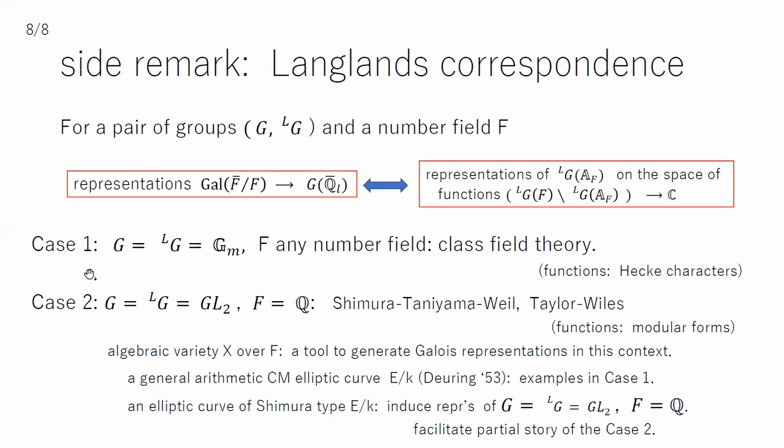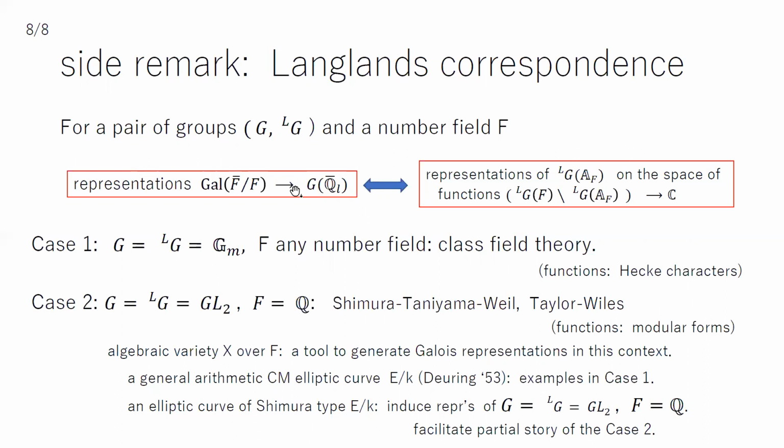There are at least two cases where this statement has been established very well. One case is to set the group G and its Langlands dual to be the multiplicative group, which is the set of non-zero elements, roughly speaking, and F is any number field.